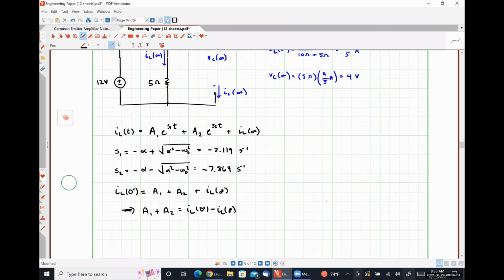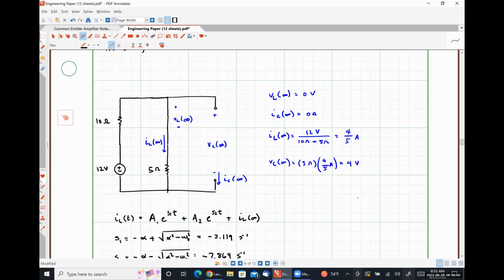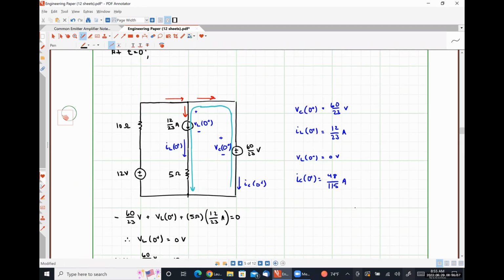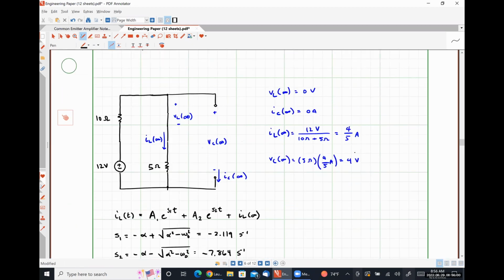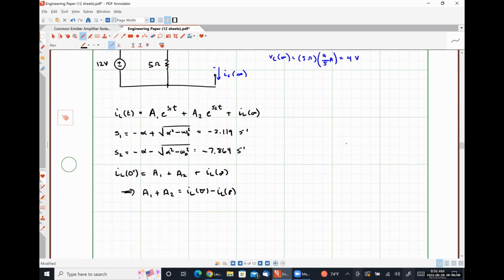And using our values here, IL at 0 plus was 12 over 23. IL at infinity was 4 over 5. And so we're going to have A1 plus A2 is equal to negative 32 over 115 amps. This is equation 1.